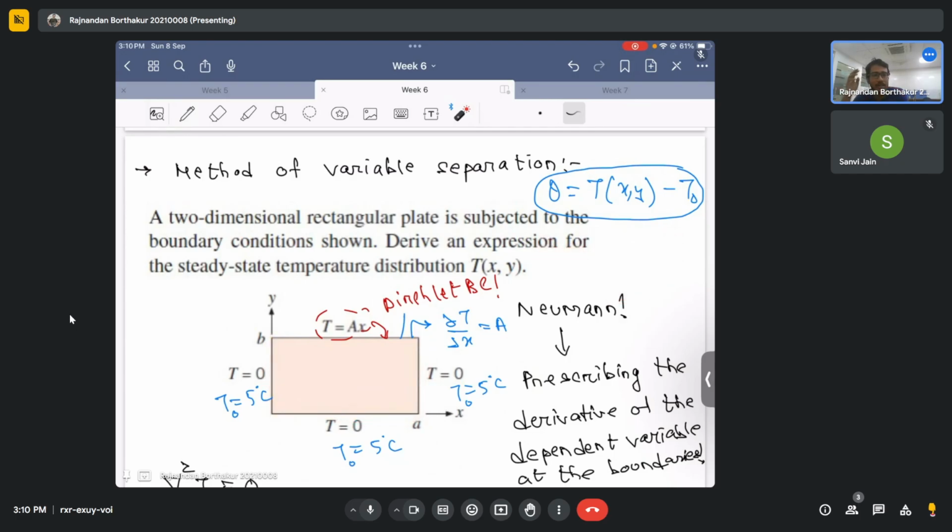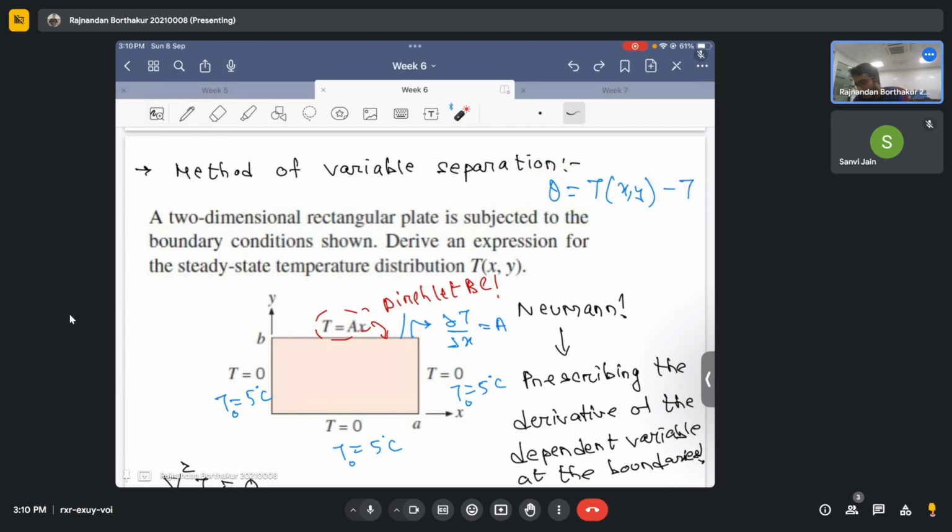So if I just cunningly use this transformation, then even if we don't have a 0 degrees Celsius temperature on these faces, we can still make our boundary conditions homogeneous just by using this simple transformation. This is the idea.